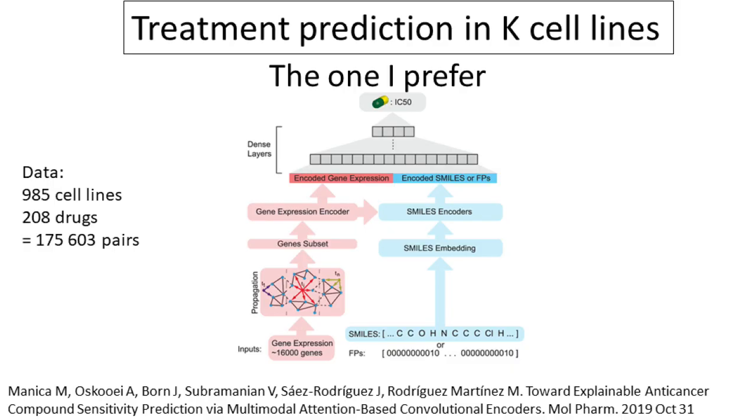And at the other end, they took the representation of the drug in the format of SMILES. So SMILES is a format to represent drug formulas or pharmaceutical formulas, and you can see an example here in the picture. It is basically a sequence of characters.